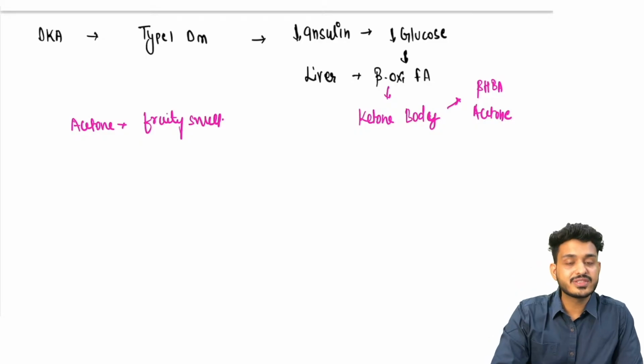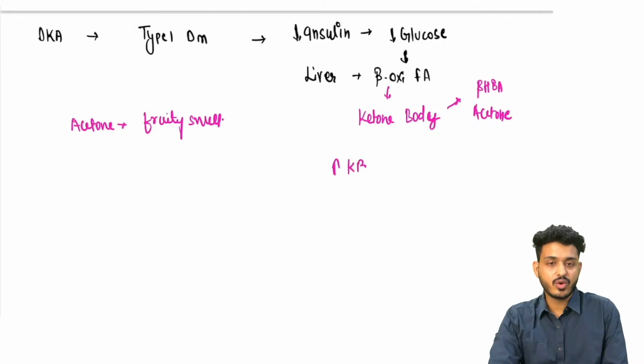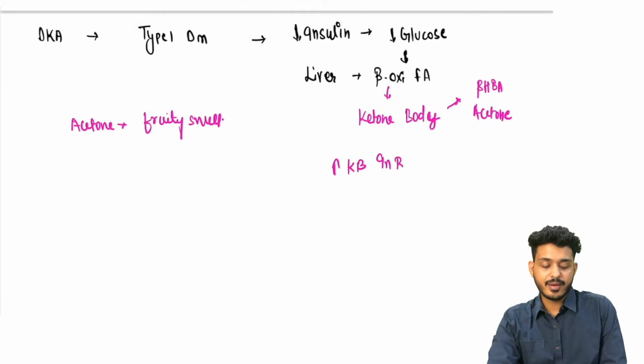So our body is going to make these ketone bodies, right? And whenever you have an increase in ketone bodies in blood, what is going to happen? Ketone bodies are going to be acidic, right? And you will be having metabolic acidosis because of this.